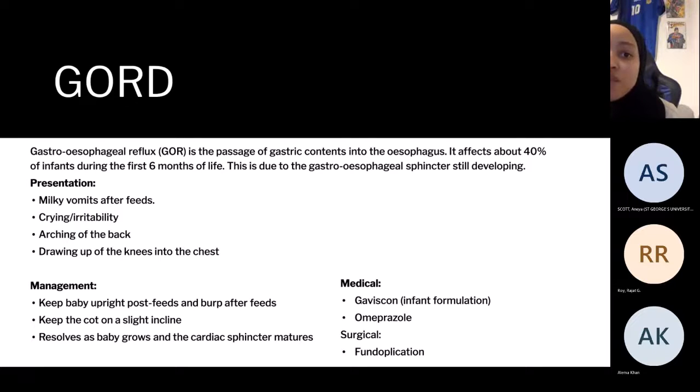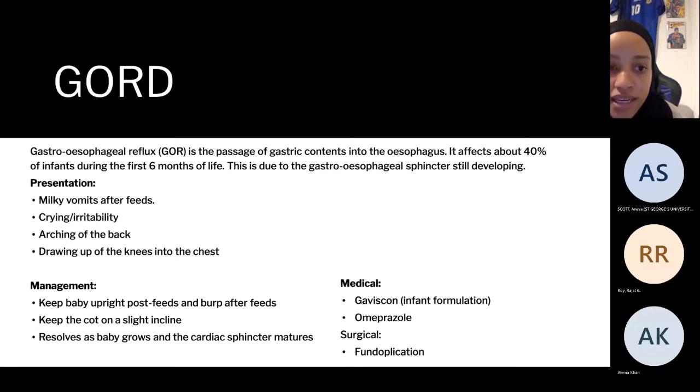So gastroesophageal reflux is the passage of the gastric contents into the esophagus, and it's most likely due to the sphincter itself not being fully developed around the time they're born until, I think, they hit 6 months onwards, when it should be developed.